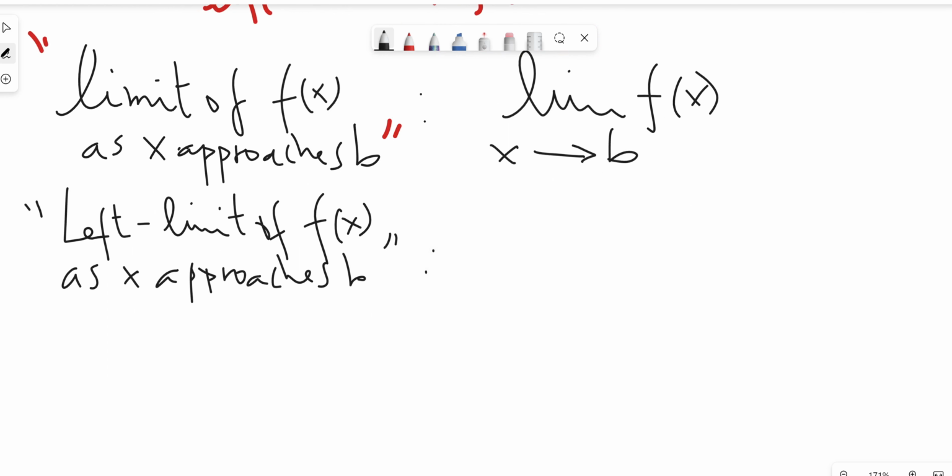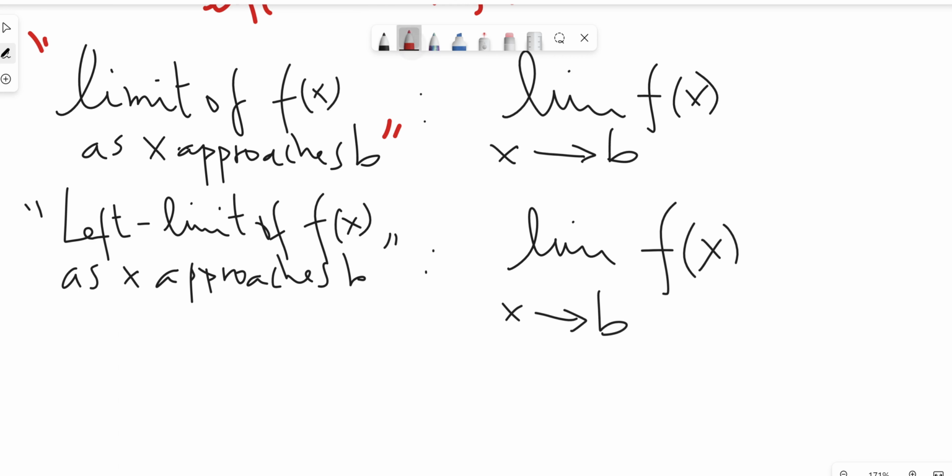So this time we use a very similar notation. So you still have limit sign f of x, x arrow b, but we add the negative sign to b because we are approaching from below, from the left.